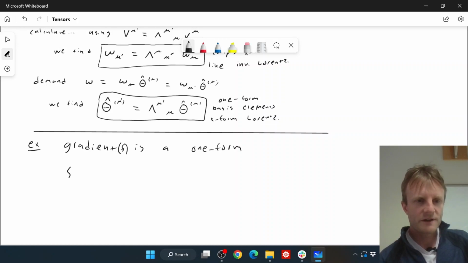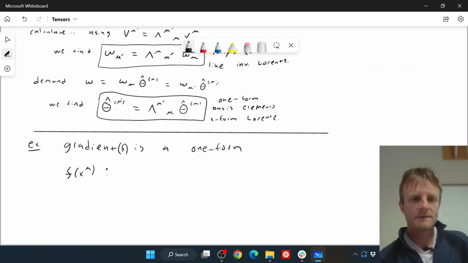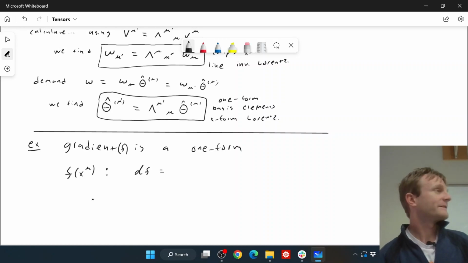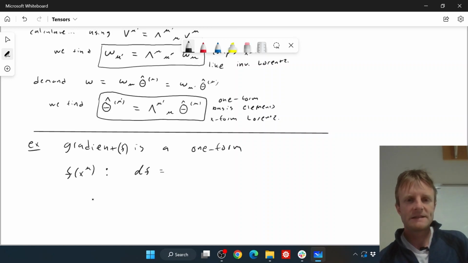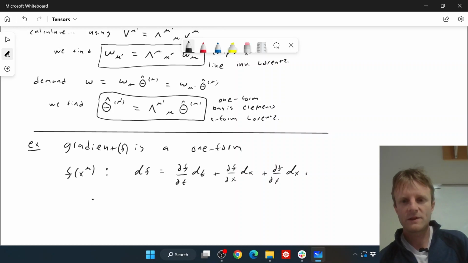Let's imagine our function f lives on our manifold. There's something we often write, which is df. This is sort of calculus notation. You might write df is df dt plus df dx plus df dy plus df dz.